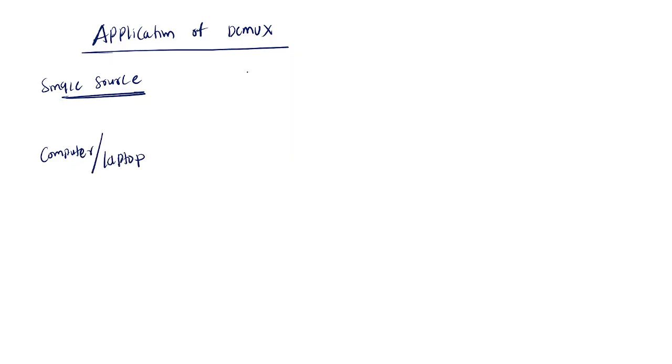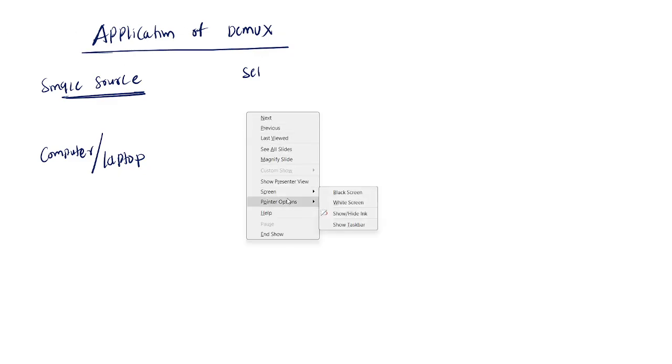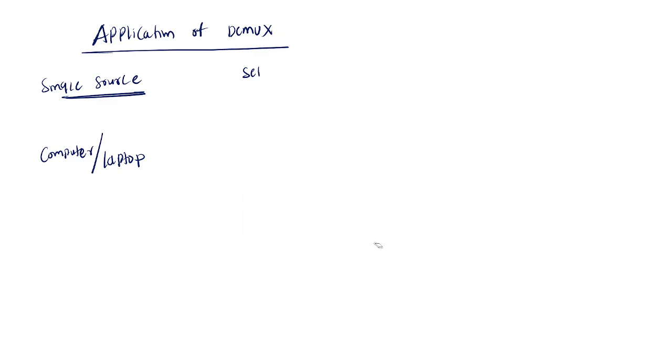The other name for demultiplexer is distributor. So here you are using a distributor, that means this is the DMUX.